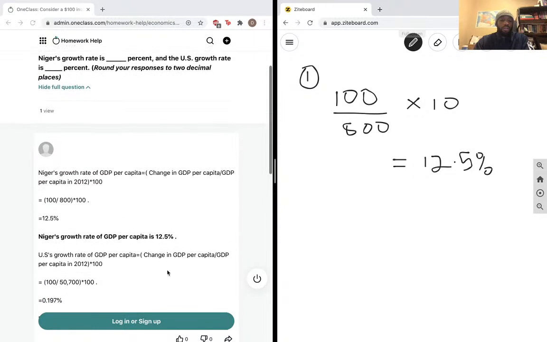And next we'll look at the US. The change in GDP per capita is 100. Divide that by their GDP per capita, which is 50,700. That's a comma, by the way.